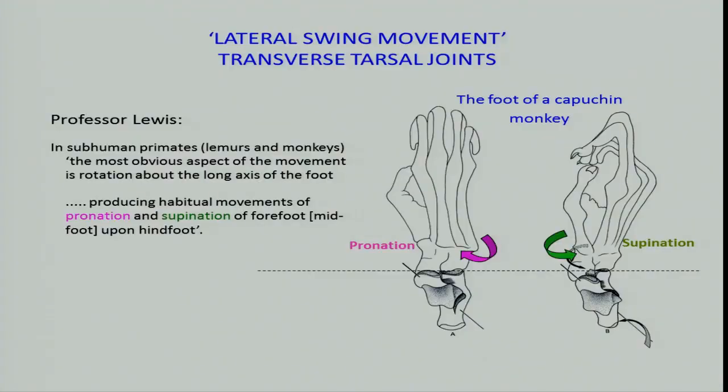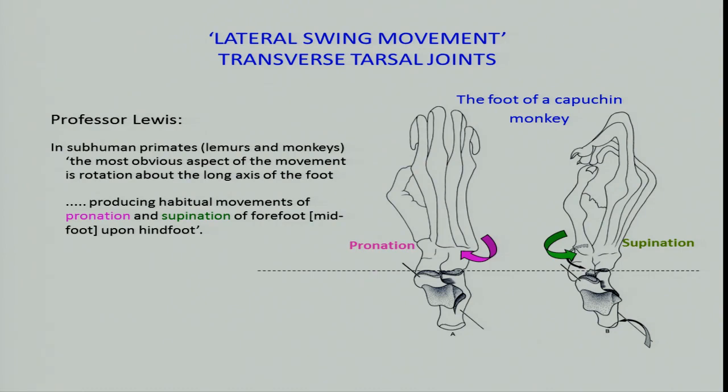He was of the opinion that in the subhuman primates, that's lemurs and monkeys, the most obvious aspect of movement is rotation about the long axis of the foot, and that this produced pronation and supination of the forefoot.